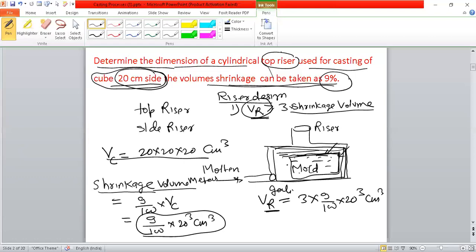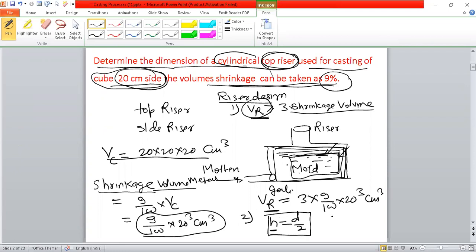Again, it is a top riser, a cylindrical top riser. You know the condition for the second part of the design, h is equal to d by 2. It means if you choose a cylindrical top riser and height is h, then you have to take diameter twice. Means height must be equal to half of the diameter.